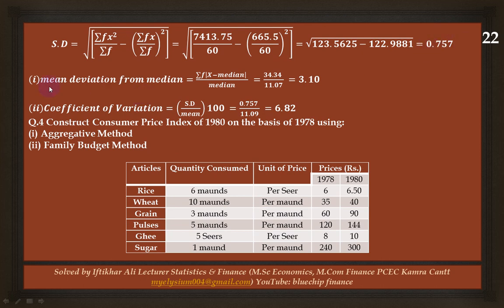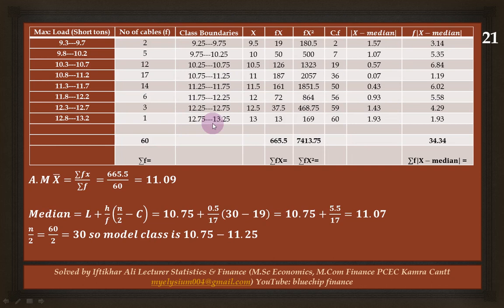Now we need to calculate mean deviation from median. The formula for mean deviation from median is sum of f times |x minus median| divided by n. And these two lines mean that we ignore the minus sign. So median here is 11.07.